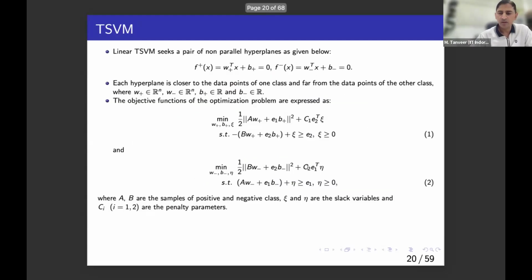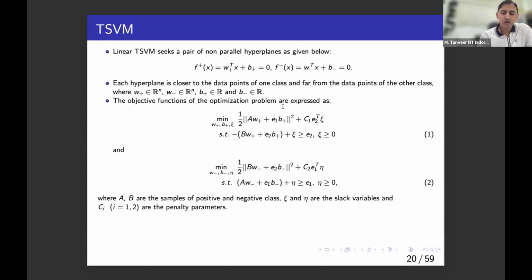If we look at this mathematical part, this is the first optimization problem. The first term of the objective function is essentially the sum of squared distances from the hyperplane to points of one class. Therefore, minimizing it tends to keep the hyperplane close to points of one class, say class plus one.